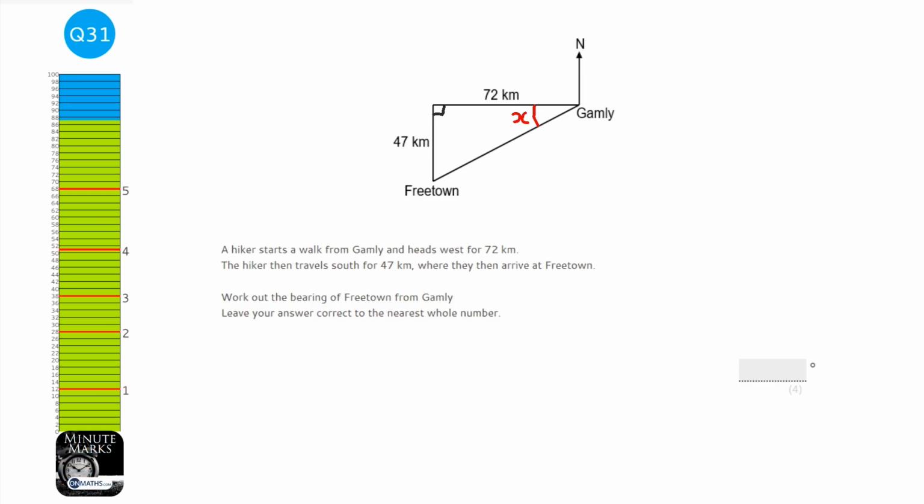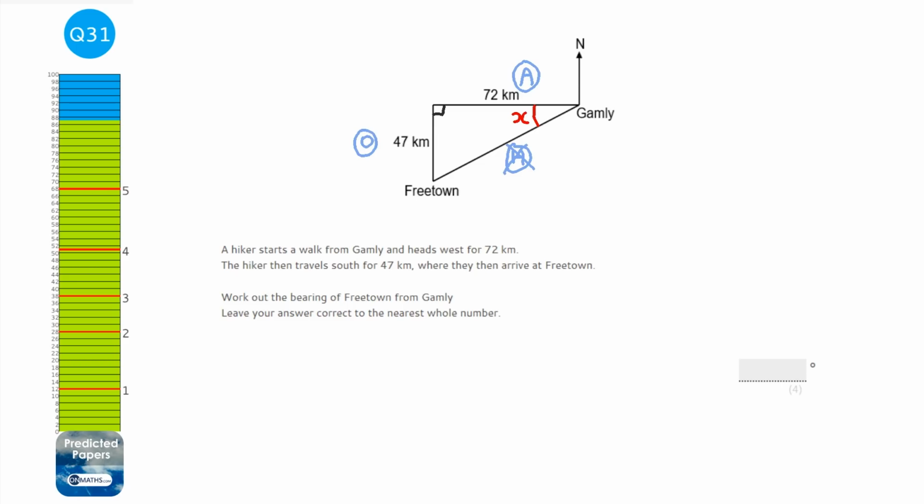Now to find x, we need trigonometry, and to do trigonometry, we need to label the sides. So we've got the opposite here, which is opposite the angle we want. We've got the adjacent here, and we've got the hypotenuse here. Well, the hypotenuse is of no interest. We're not looking for it, and we're not given it.